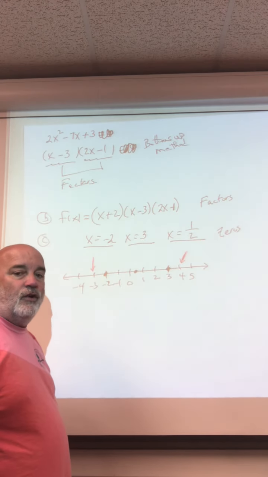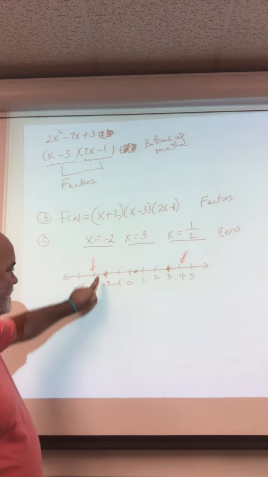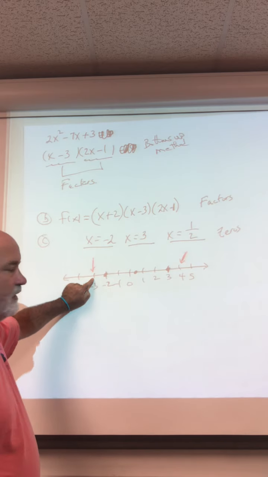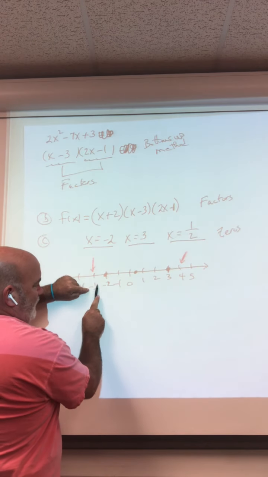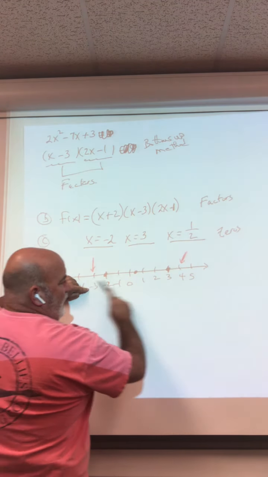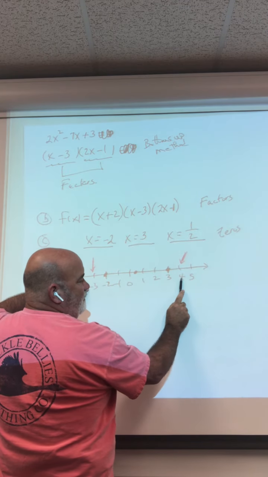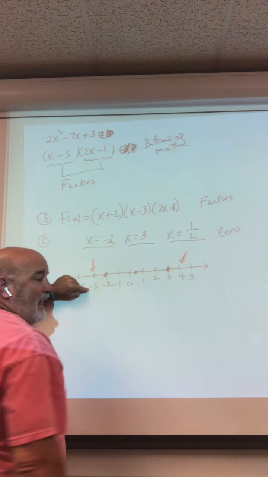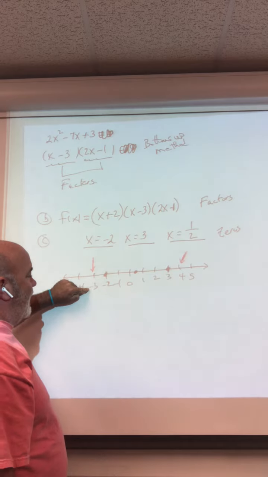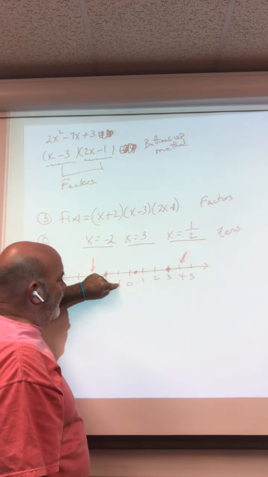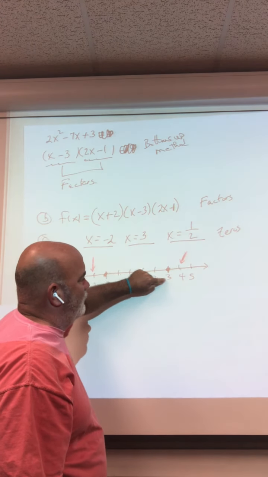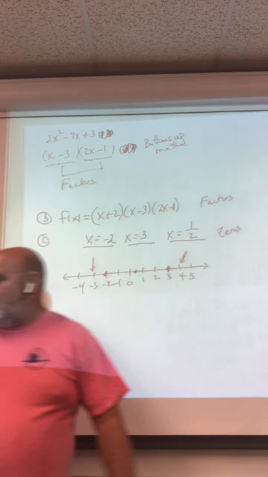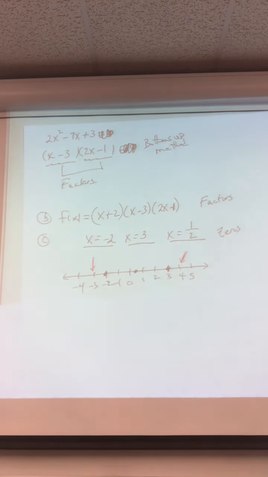Now what did I tell you to do in your XY chart? I said start one more over to the left. So we're going to start right here at -3, and we're going to go all the way across to 4. So in my XY chart, I'm going to have -3, -2, -1, 0, 1, 2, 3, 4. Those are the numbers that I'm going to have.